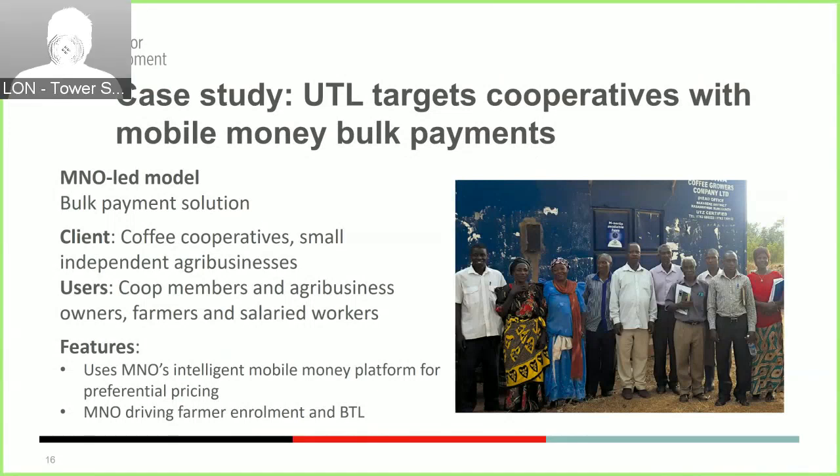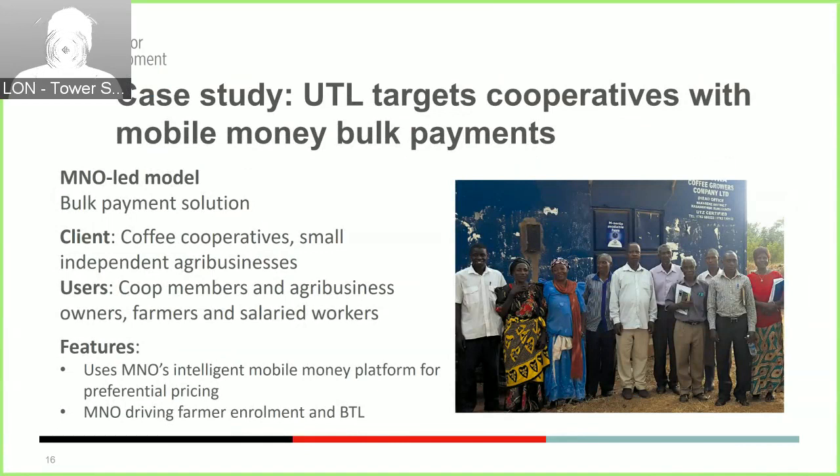When it comes to preferential pricing, this has been quite important. UTL's mobile money platform enables the MNO to zero rate bulk disbursement fees for business to person payments processed from the agribusiness to farmers. Therefore, the MNO is able to offer preferential rates for farmers enrolled in the B2P schemes, in their case up to 40% reduction in the withdrawal fee to stimulate adoption.